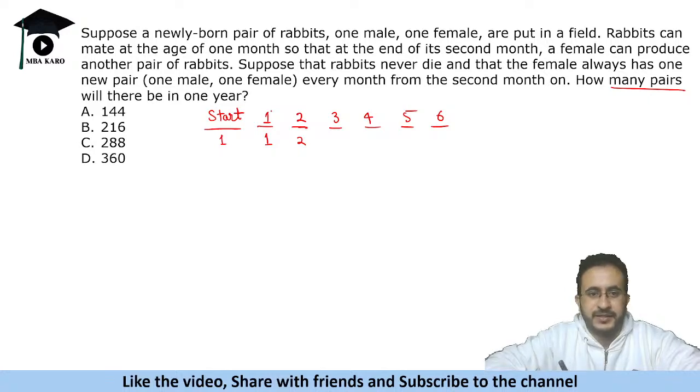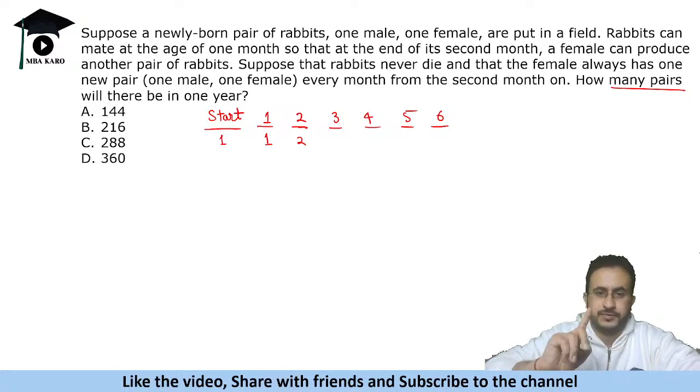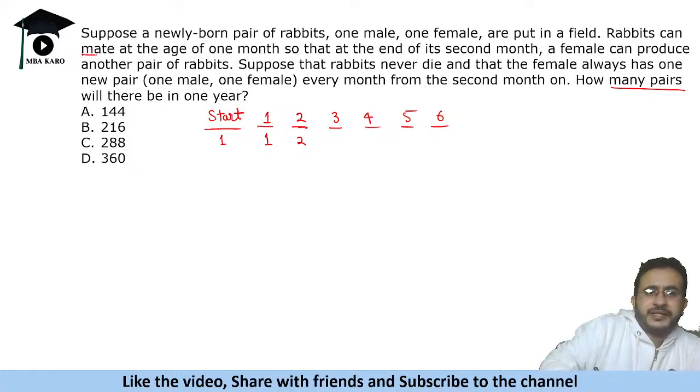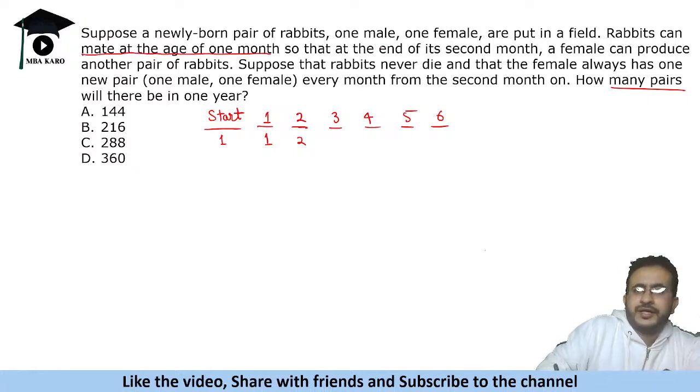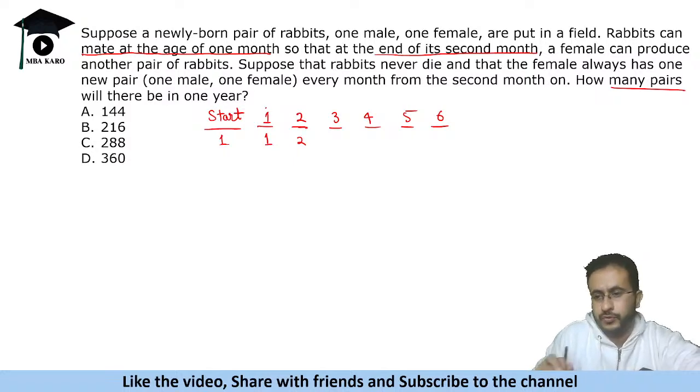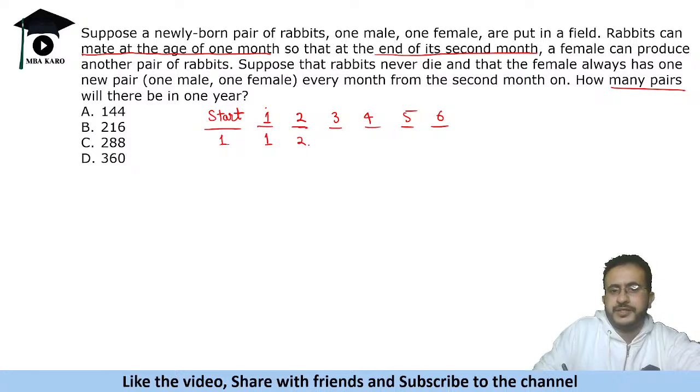Is it clear? Here there will be just one pair because it says that rabbits can mate at the age of 1 month, and at the end of its second month, the female can produce another pair of rabbits. So initially they do not have any babies, right? In the second month they can mate, so they can produce, and now they have two pairs.